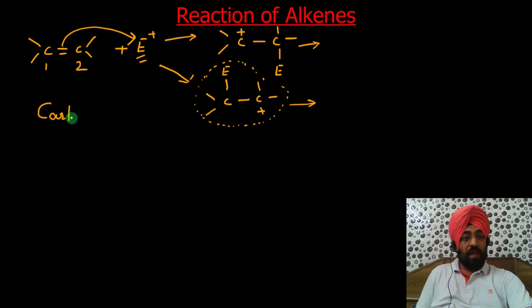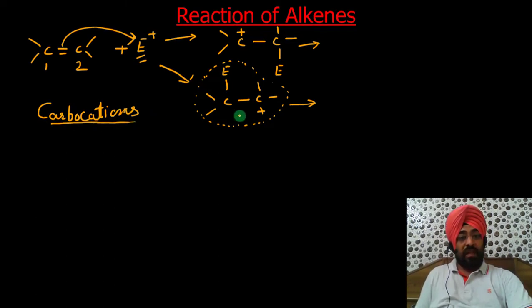Carbocations are reaction intermediates which carry a positive charge on carbon. Now the stability of the resulting carbocation will tell us which will be formed. If this carbocation is more stable, then this product will be formed.